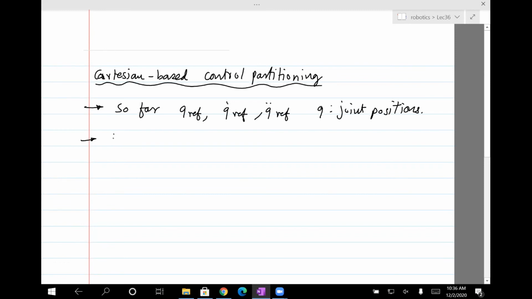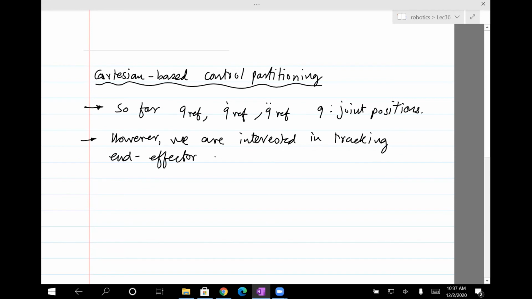So in other words, what we're interested in is to see how the end effector moves in the Cartesian space. So we are interested in tracking the end effector position, velocity, and acceleration.